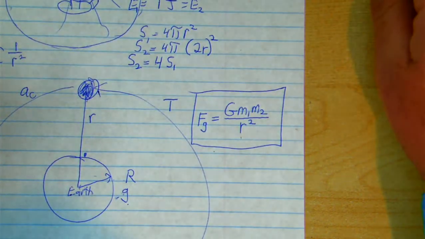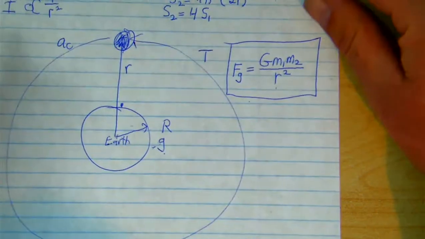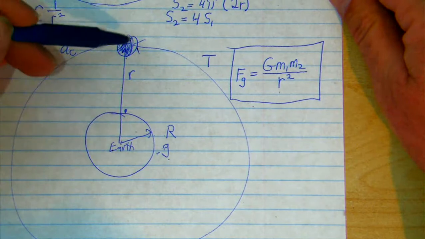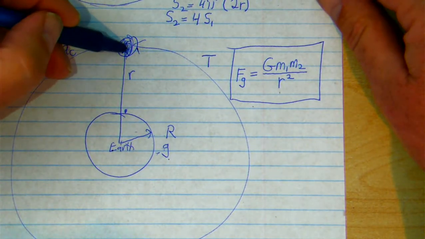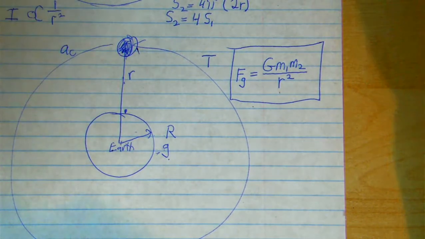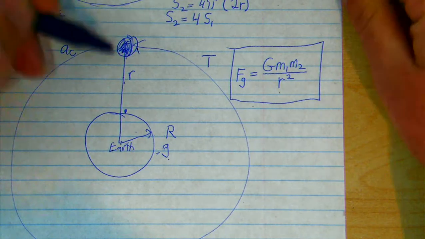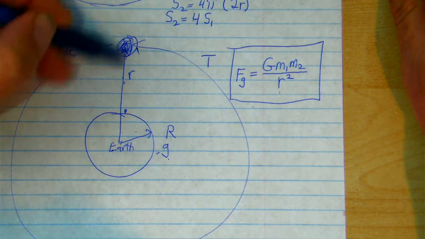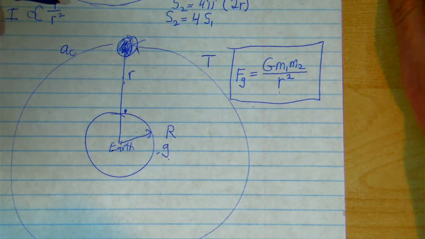And he confirmed it to his satisfaction by predicting what would be the centripetal acceleration of the moon towards the Earth. And I forget the number. It's something like it should be 1/32 of an inch per second acceleration towards the Earth, something like that.